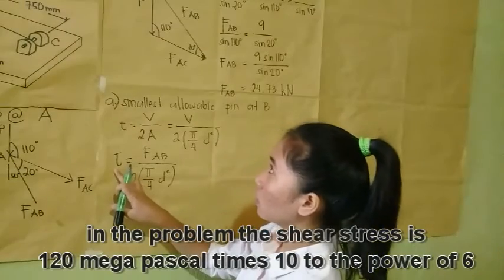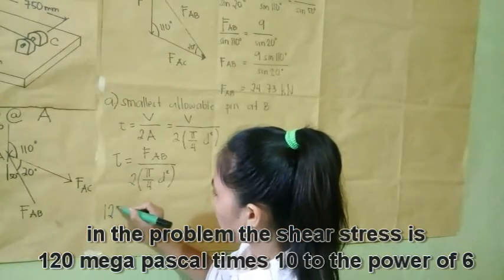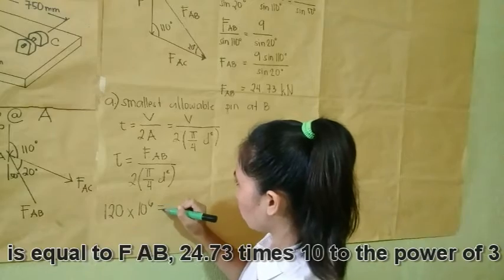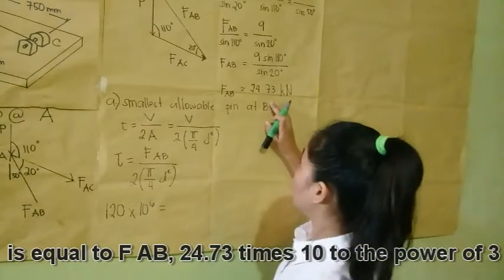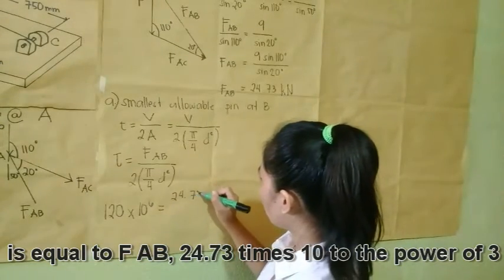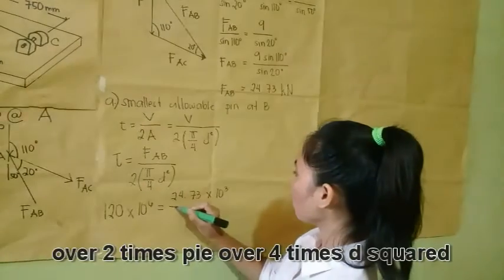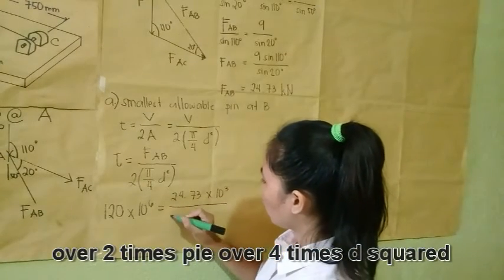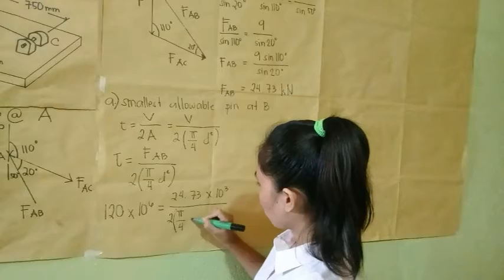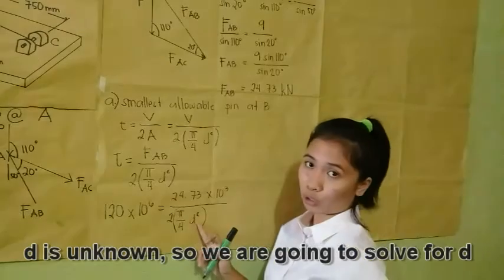So in the problem, the shear stress is 120 megapascal, times 10 to the power of 6 is equal to force FB, which is 24.73 times 10 to the power of 3 over 2 times pi over 4 d squared, and our d here is unknown, and we're going to solve for d.